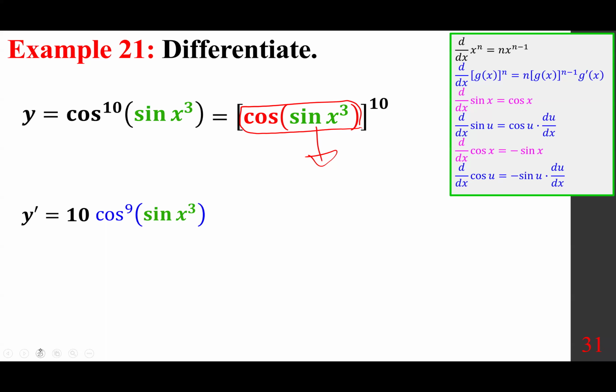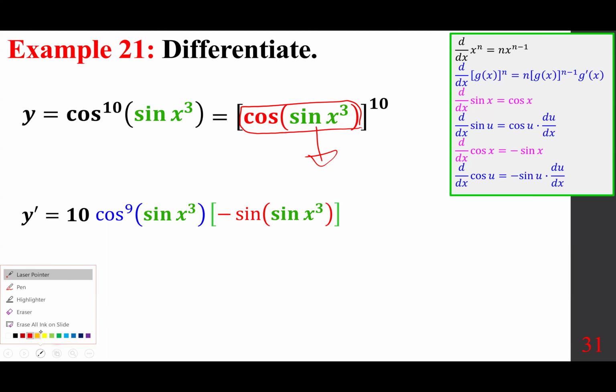So what is the derivative of cosine? Negative sine. But negative sine of what? Same argument. So negative sine of the same argument, or negative sine of g of x.